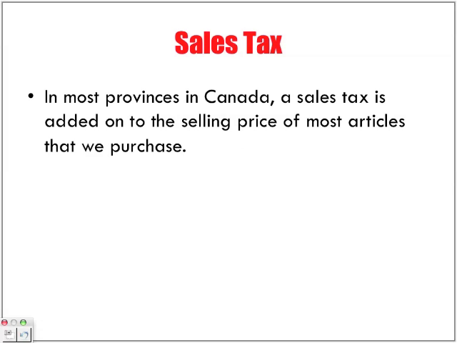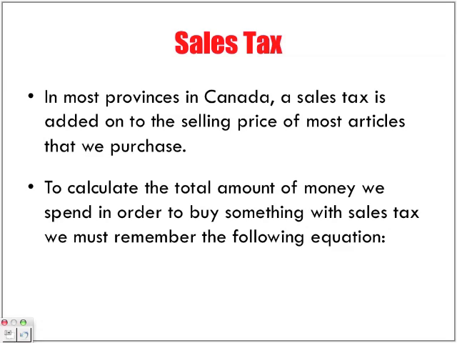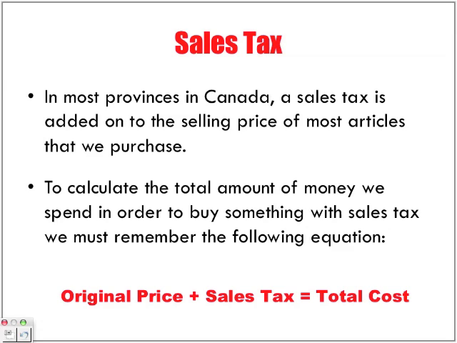In most provinces in Canada, sales tax is added on to the selling price of most articles that we purchase. To calculate the total amount of money we spend in order to buy something with sales tax, we must remember the following equation: original price plus the sales tax is equal to the total cost. So the tax might be 13%.